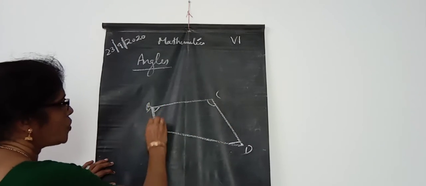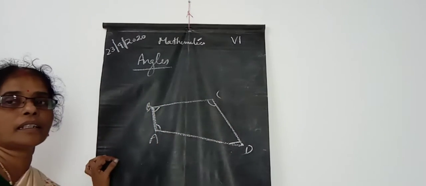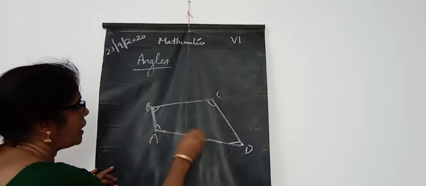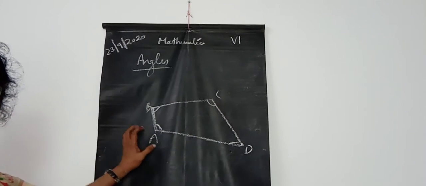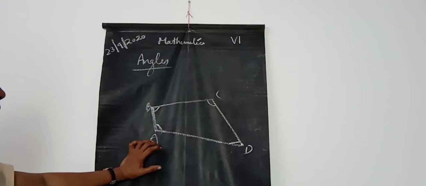Here AB is one ray and AD is another ray, and the two rays make a corner, or vertex. So A is the vertex.